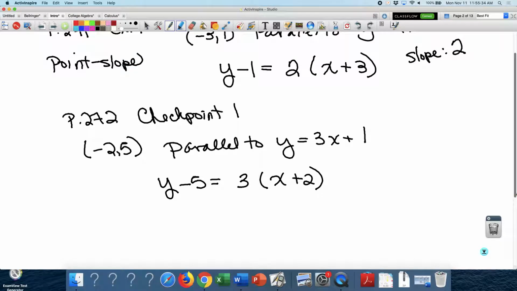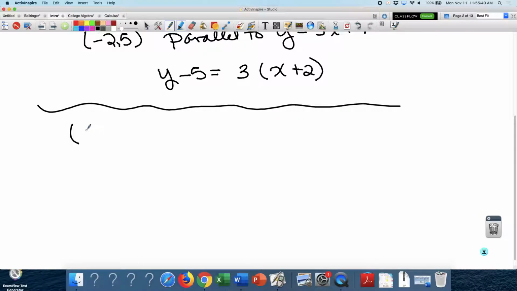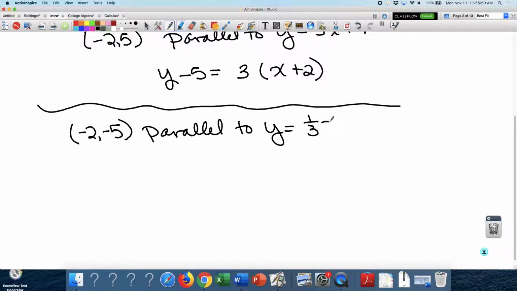Okay, let me give y'all one to try on your own. Write an equation of a line through the point -2, -5 that is parallel to y equals 1/3 x plus 7.